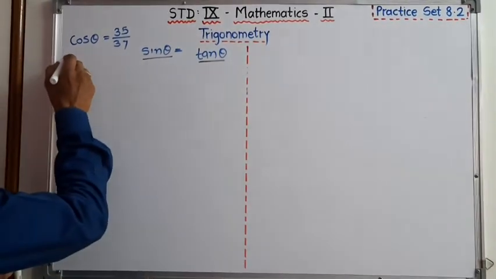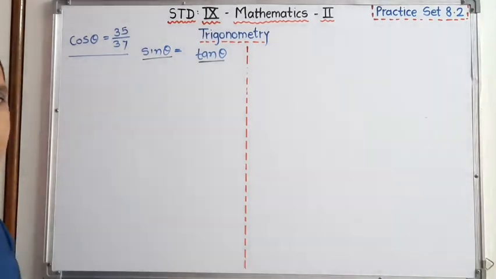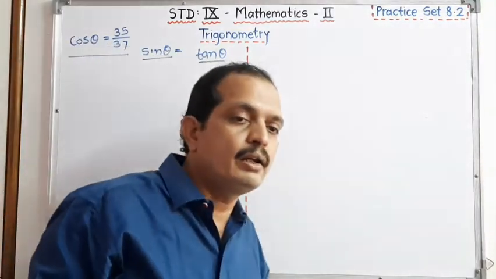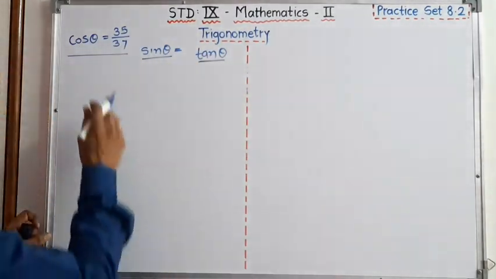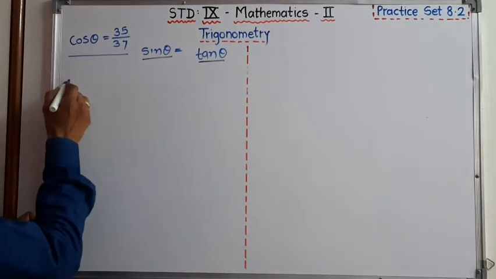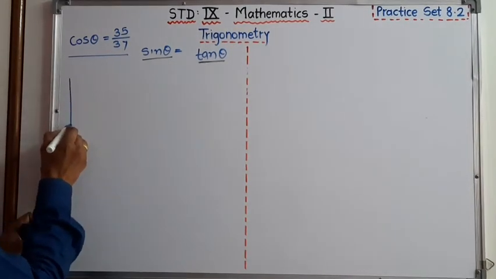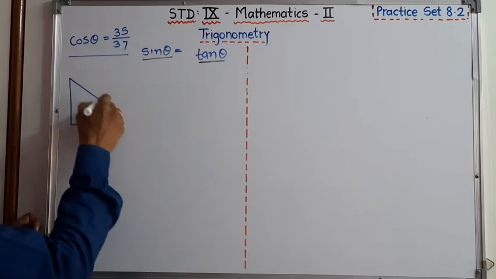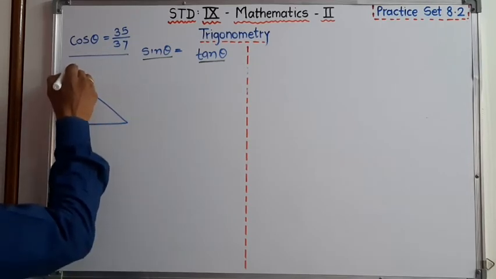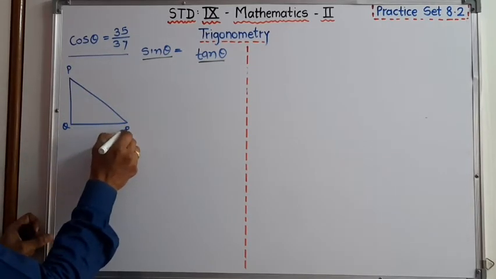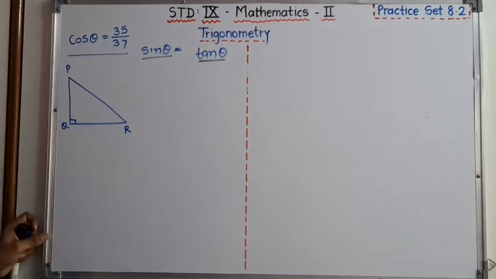See, the trigonometric ratio totally depends upon the right angle triangle. Therefore, dear student, to solve this, we have to draw one right angle triangle like this. Suppose it is PQR and angle Q is 90 degree.